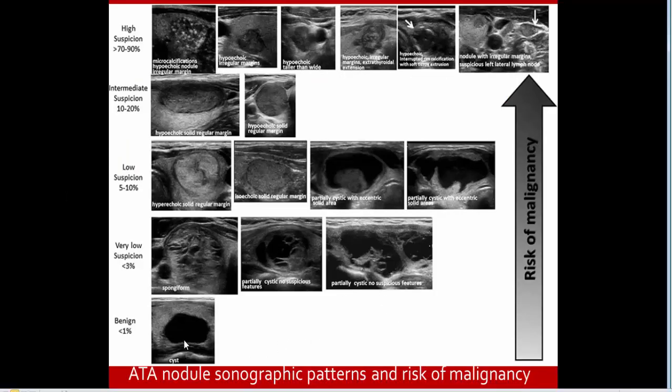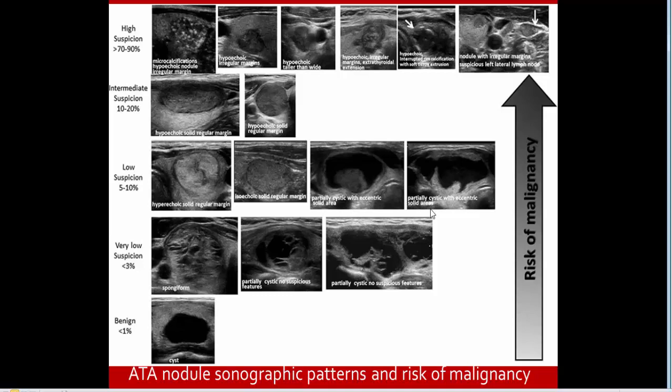These are examples of ATA nodule, American Thyroid Association classifications of thyroid nodule from benign, very low suspicion, low suspicion, intermediate suspicion, high suspicion. Benign cyst, low suspicion spongiform, partially cystic with no suspicious feature. Low suspicion: hyperechoic solid regular margins, isoechoic solid regular margin, partially cystic with eccentric solid area.